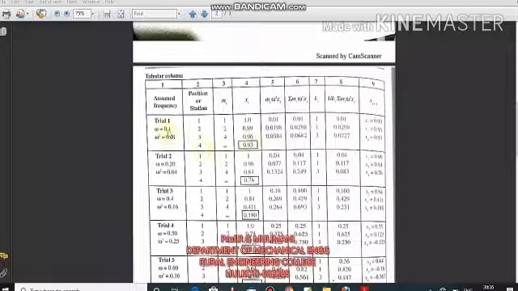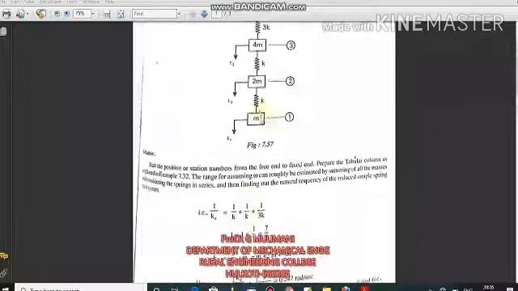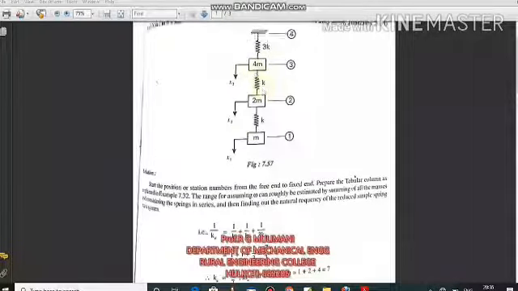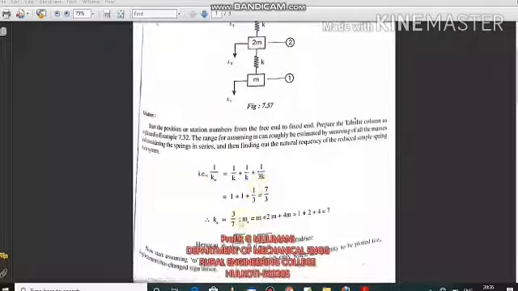You assume this frequency by calculating omega equal to square root of k by m, where k is the equivalent spring stiffness. We have 3 spring stiffness values: 1 by ke equal to 1 by k plus 1 by k plus 1 by 3k. You calculate this ke value, and omega equal to square root of k by m.